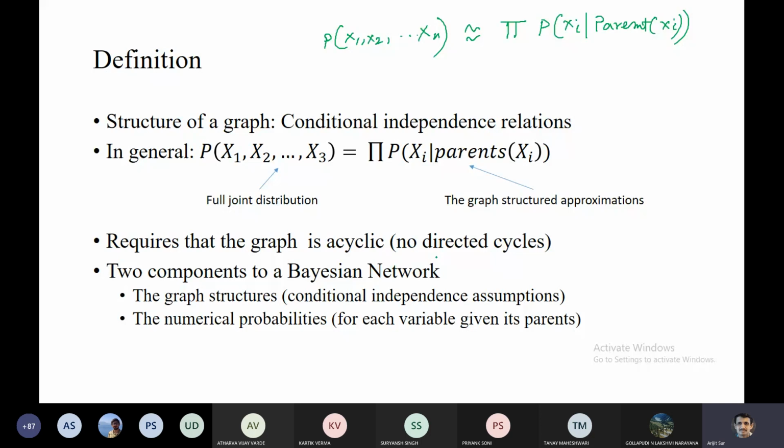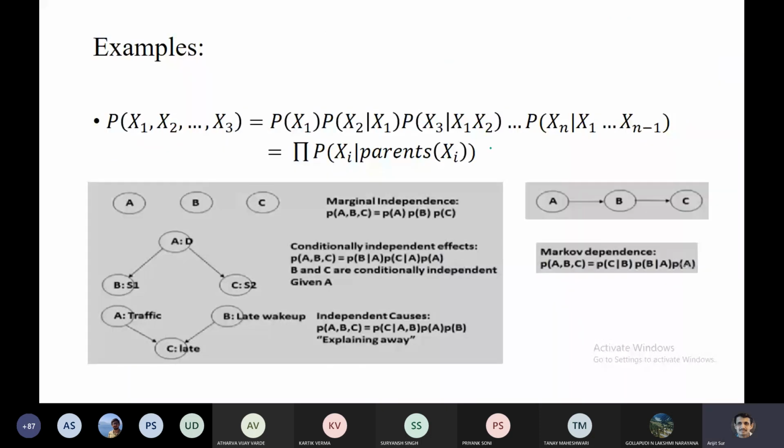The two common components of a Bayesian network are the graph structure and the numerical probabilities, the CPTs at each node. Now for example, in the first case, A, B, C are marginally independent.